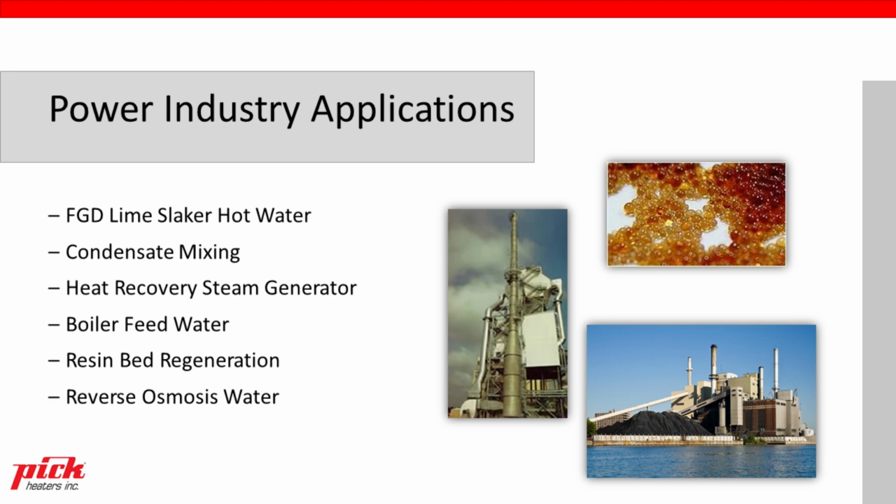Reverse osmosis is done in many industries as well. But in the winter or cold weather months, where you just need to temper that water up, maybe just to 55 to 75 degrees Fahrenheit, the accurate temperature control from a steam injection device is far superior to any heat exchanger that might be varying plus or minus a couple of degrees. So heating RO water is a great application for a PIC heater.